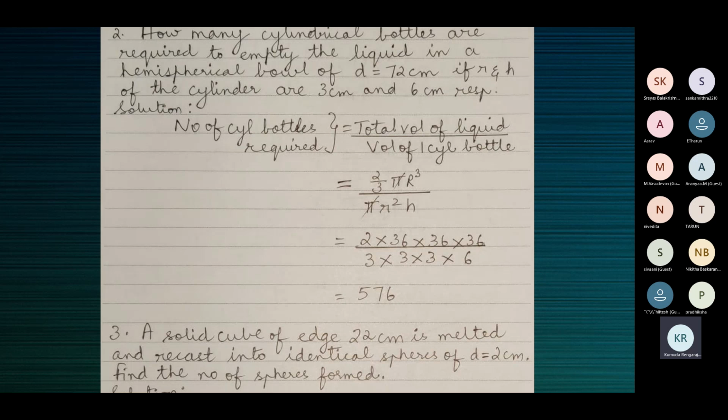The hemispherical bowl is big and you want to empty the liquid into smaller cylindrical bottles. How many bottles are required is the question. So it's the volume of the big thing by the volume of each small thing. You want to find the number of cylindrical bottles.